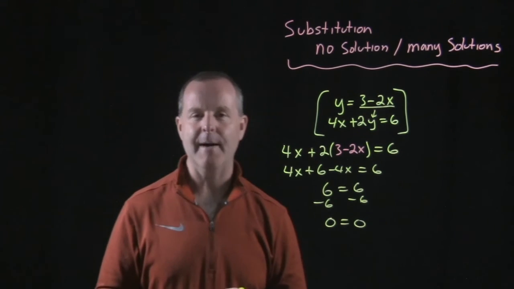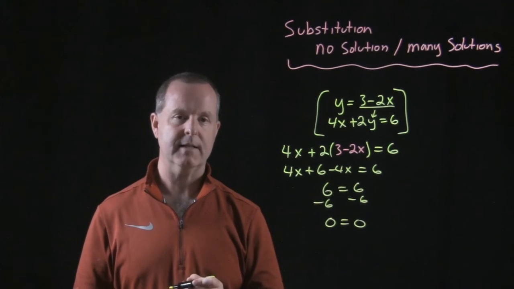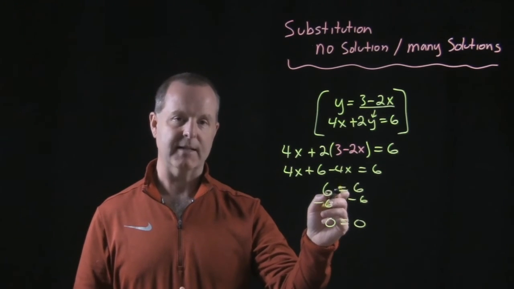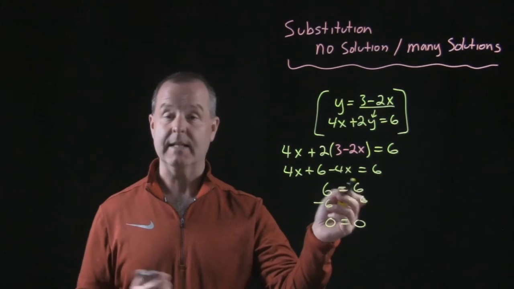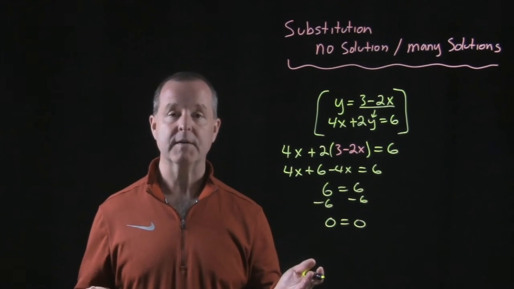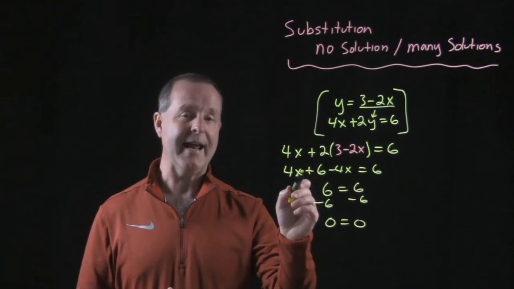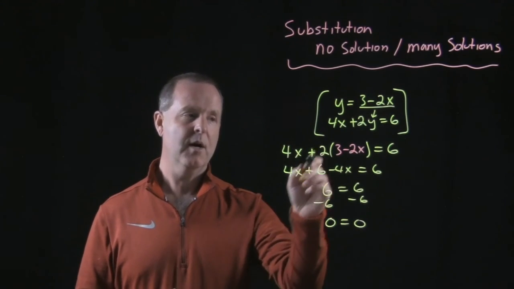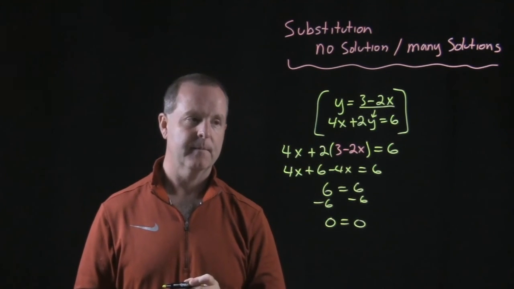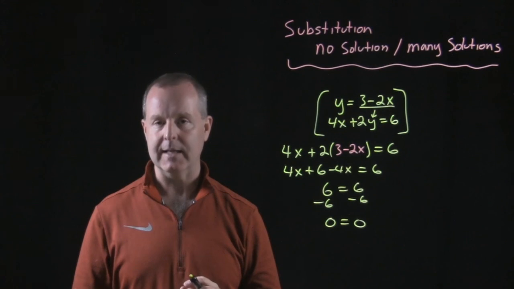So it looks like regardless of what happens after I get to 6 equals 6, I'm going to get some statement that's obviously true. 6 equals 6. 0 equals 0. Or whatever else I may get. When I notice that, that tells me that whatever solution works for one works for the other. It's a true statement here. Therefore, this system has infinitely many solutions.